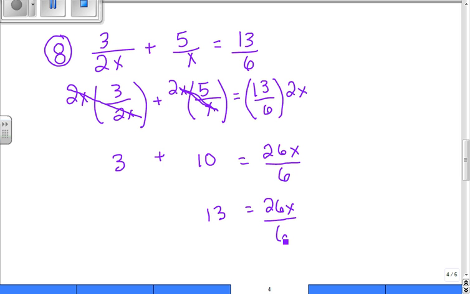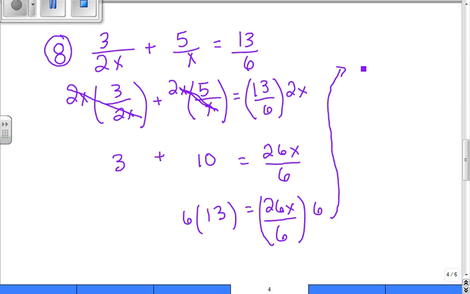Well, over 6 means divided by 6. So to undo division, we multiply. So we're going to multiply both sides by 6. Okay, I'm going to draw an arrow and come back up here so I have more room to write.